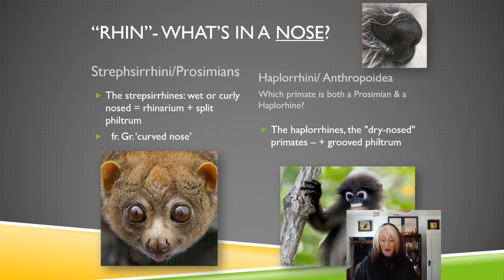Now, look down one more level below, because we were at suborder, Strepsi versus Haplo. Now look at Haplo and drop down one more on your chart, and we notice that there are 2 variants of Haplorhine. So let's look at that part. Haplorhine, simple-nosed.